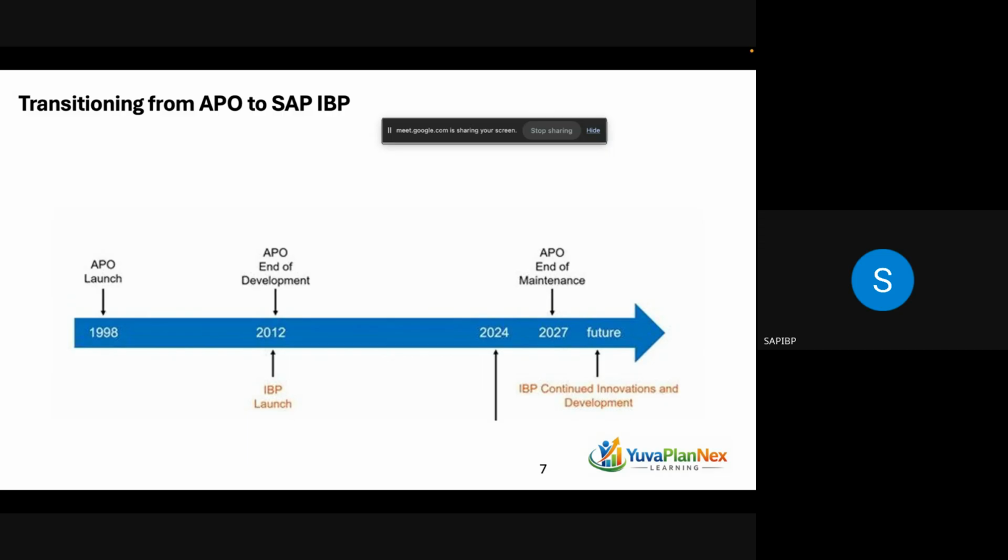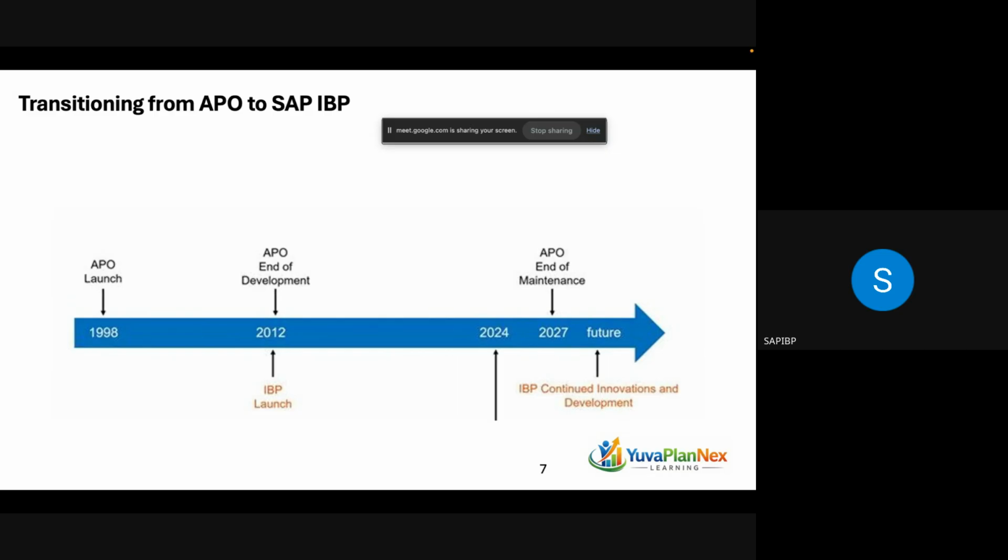Earlier it was supposed to end by 2020, but a lot of customers had already implemented APO, and they were not yet ready to move to IBP as the full-fledged functionality is not there in IBP. So later it was extended up to 2027. By 2027, the support is also going to end. Whoever has already implemented APO has to move to IBP.